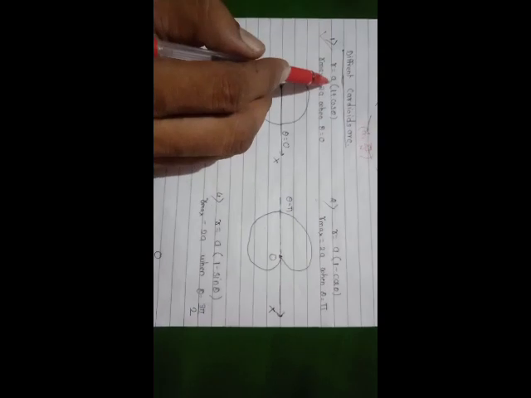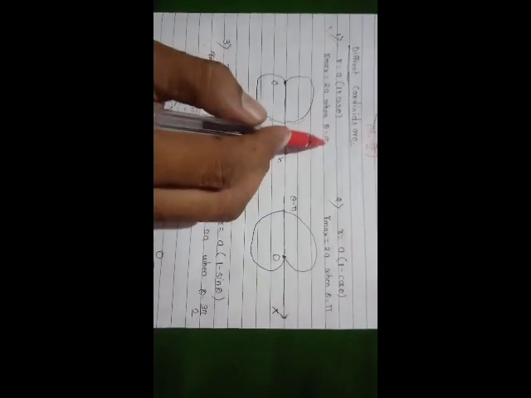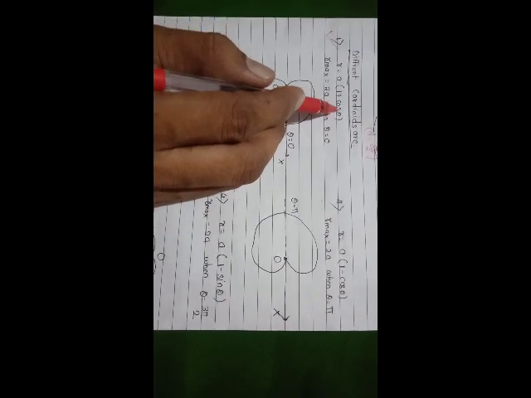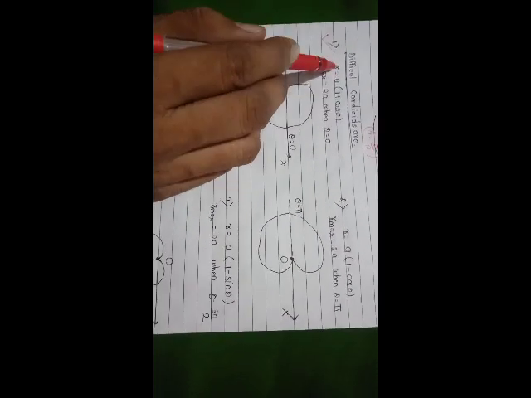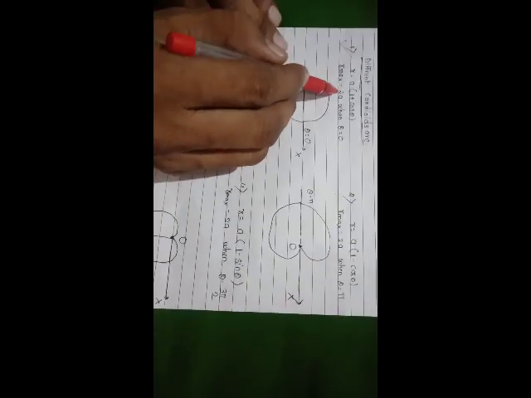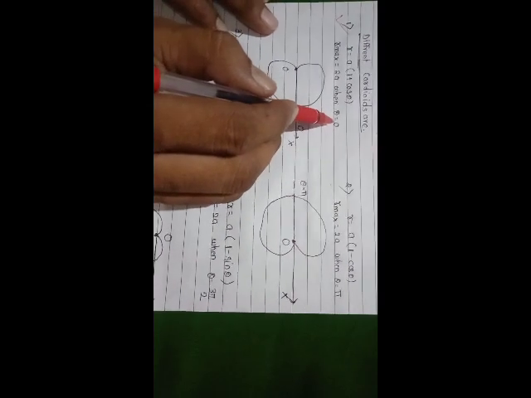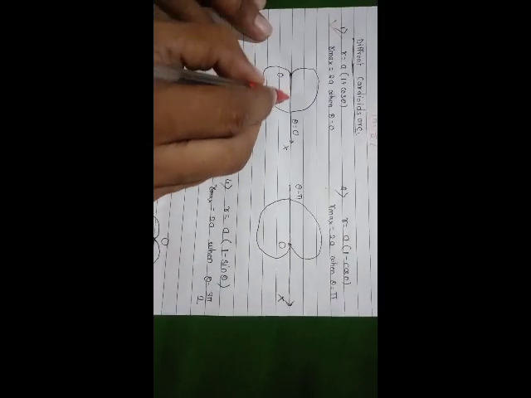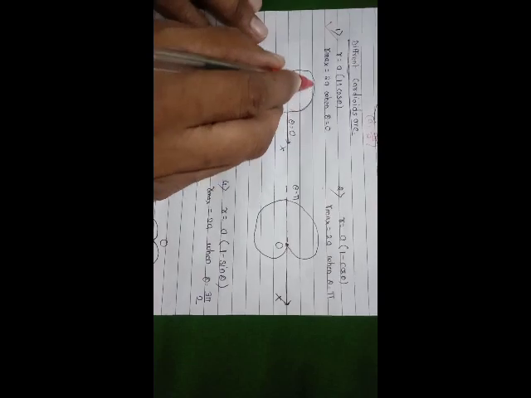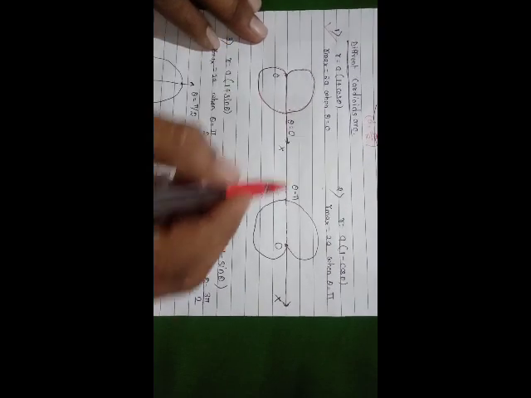So first is r equal to a(1 plus cos theta). How to remember this? When theta equal to 0, cos of 0 is 1, so 1 plus 1 is 2, so r equal to 2a. So the maximum value of r is 2a, and we get the maximum value whenever theta is equal to 0. So the cardioid lies along theta equal to 0. It is like this. Same concept I will use for the next cardioid.